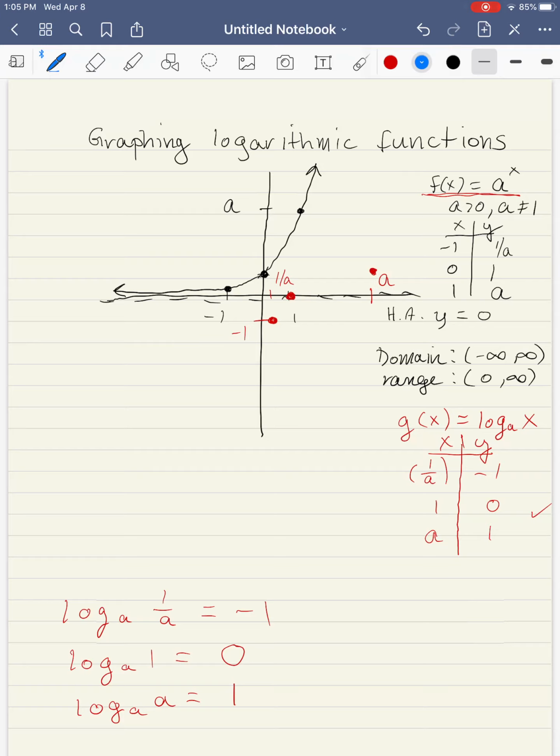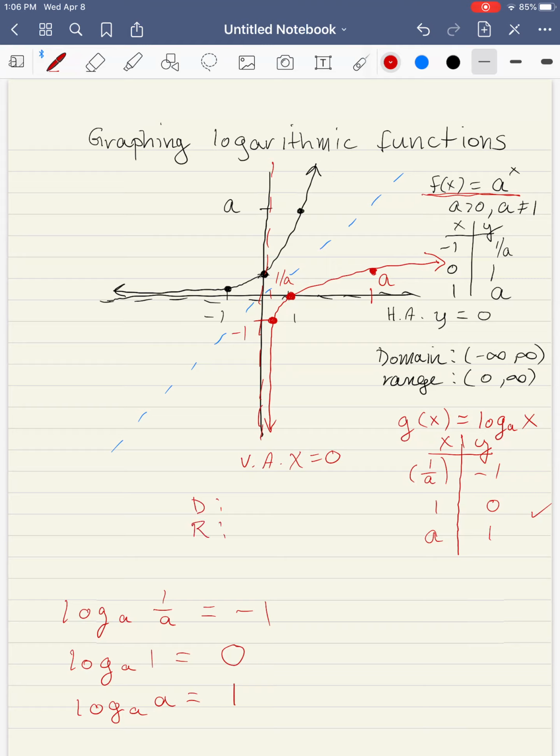So that gives us these 3 ordered pairs on my graph. And remember, when we looked at our lesson on inverse functions, we saw that we had a reflection over the line y equals x between a function and its inverse. So if I draw my inverse function here, I see that it looks just like this. We also can see that we have a vertical asymptote right here at x equals 0.